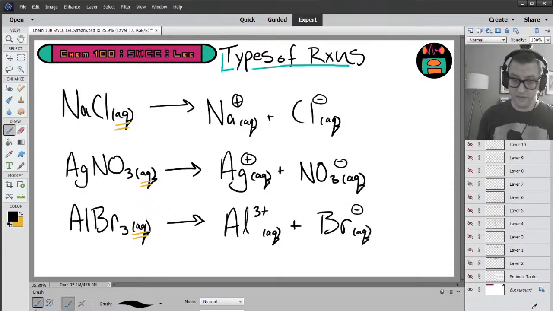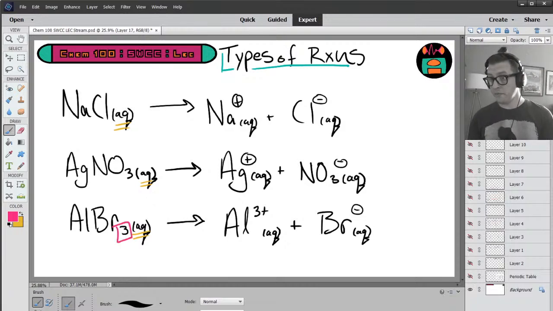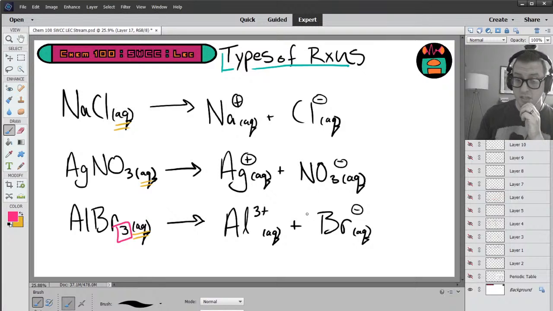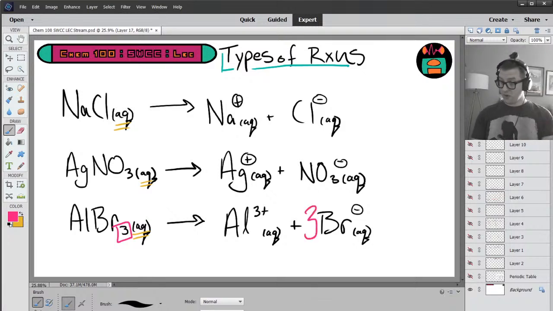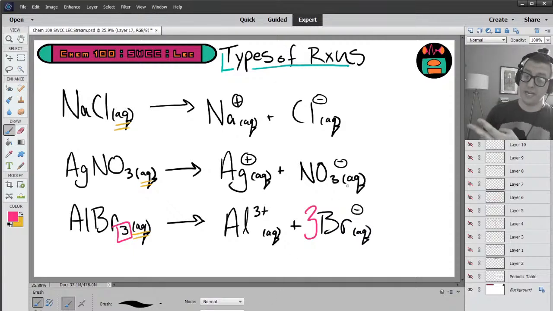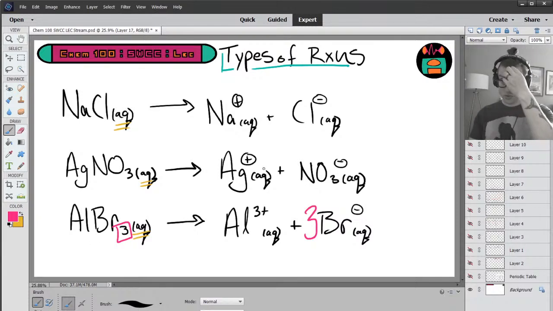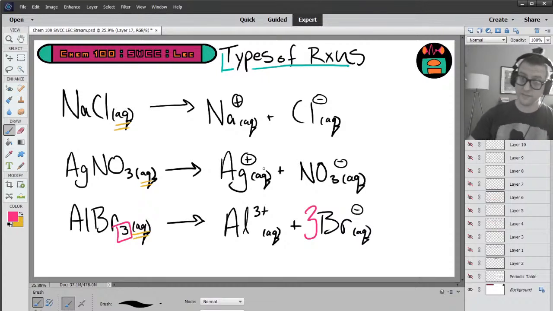Something you should be aware of is in one molecule of aluminum bromide, there are 3 bromide ions. So that means for every 1 aluminum floating in solution, there are 3 free-floating bromides. All right, so you've got to watch your subscripts for your ions because they'll translate into that number of free-floating ions only when the compound is aqueous.